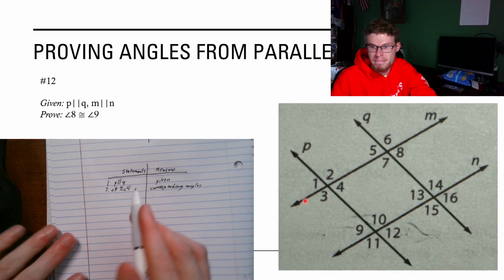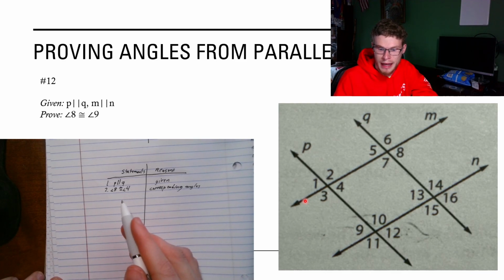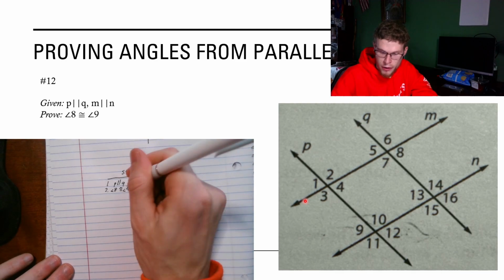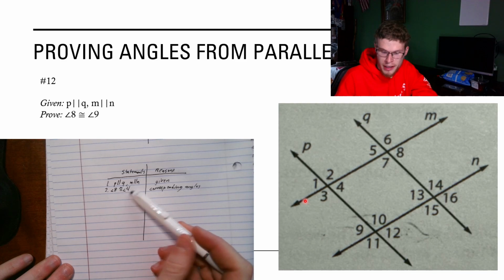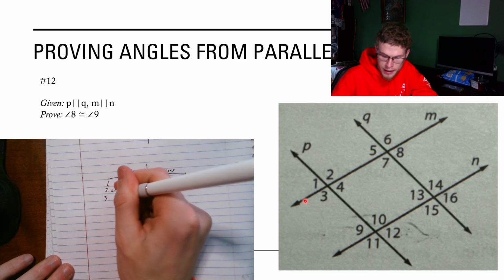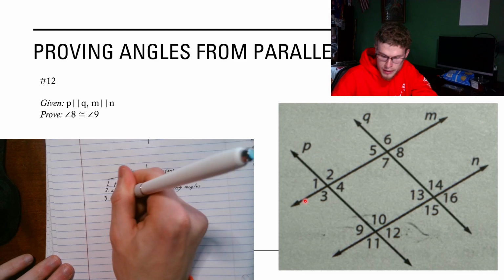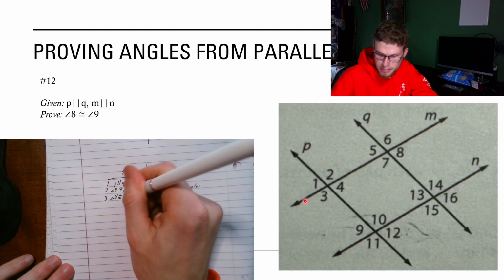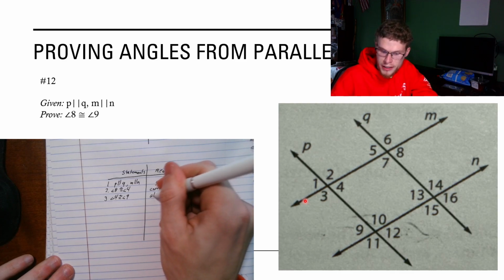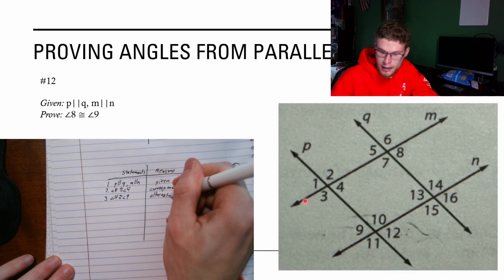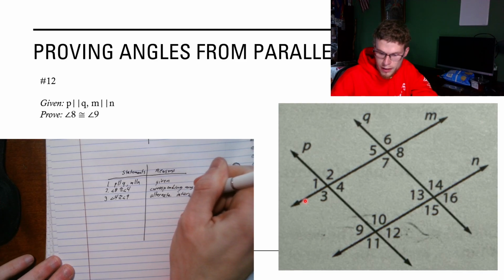Okay? Since those are corresponding angles, I can then go from there to see if I can get to the point where 9 is congruent to that, which in fact it is, since I know that M is also parallel to N, right? Angle 8 is congruent to angle 4, and then I can also say that angle 4 is congruent to angle 9 because they are also alternate interior angles.